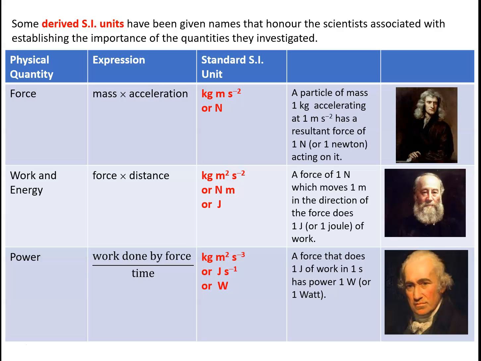Or we can say that it is joules per second, or joule second to the minus 1. Or we can define it as being the watt. 1 watt is the power developed by a force that does 1 joule of work in 1 second. The watt is named after James Watt, a famous British, or Scottish in fact, engineer who worked during the 18th century.